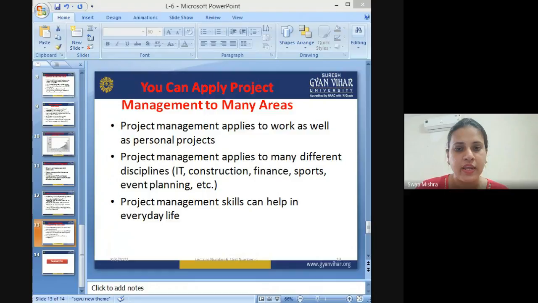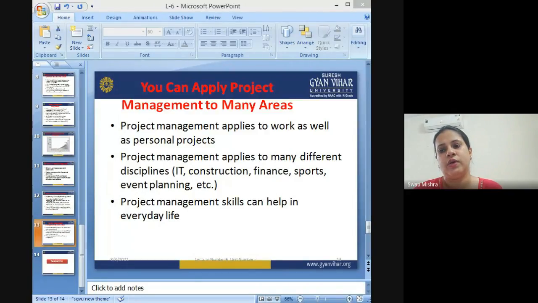And that is why project management becomes one such very important stream which is necessary to be implemented in these areas, like construction, IT, finance, sports, event planning, marines, any kind of space research projects. Everything requires a tremendous amount of project management and project management planning.